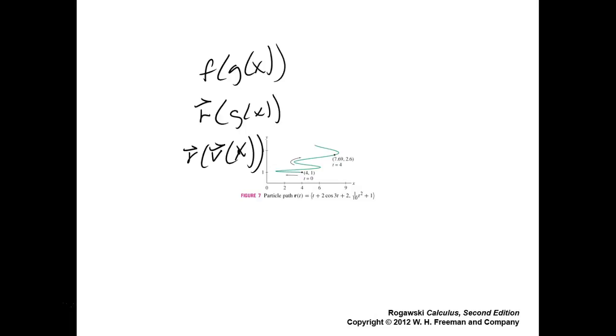Number 4. The terms velocity vector and tangent vector for a path r of t mean one and the same thing. As long as r is constant. In the sphere example, that would be an instance of it, but other than that, let's take this one we've got here.